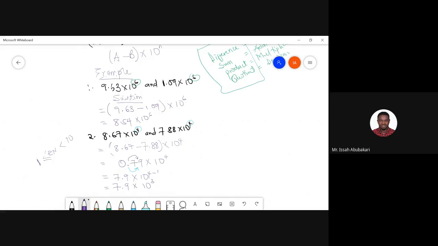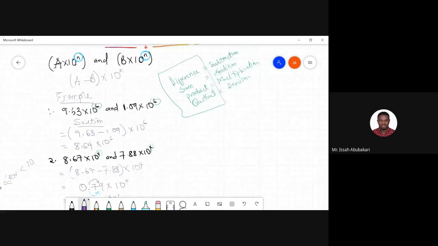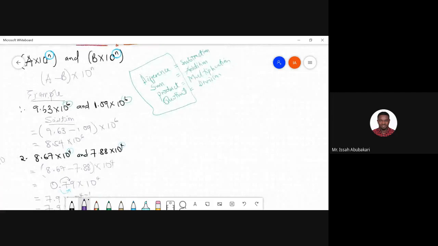Now let's try to solve one more question, and after that, we will look at a situation whereby we have different powers. How are you going to solve this question? One more of the same powers first. So let's say number 3.